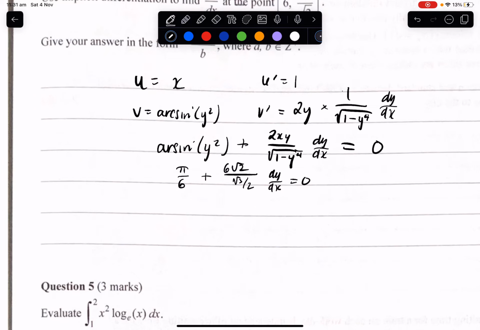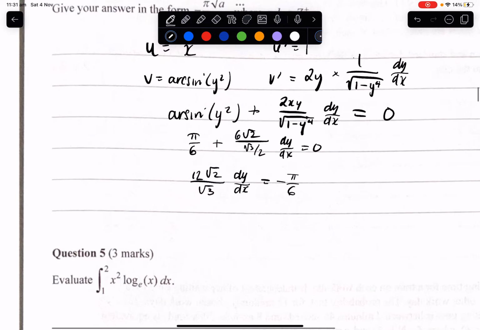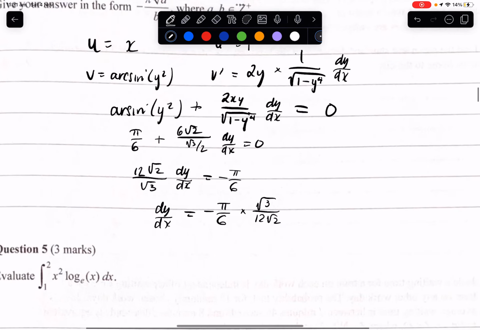So that becomes 12. So here if you write 12 root 2, on root 3 dy on dx is equal to negative pi on 6. That means dy on dx is equal to negative pi on 6 times by root 3 on 12 root 2, which is negative pi.